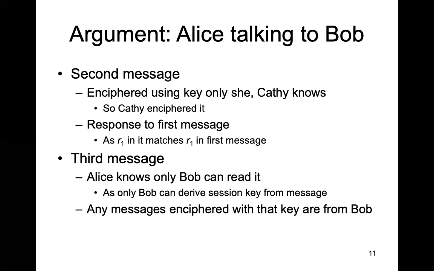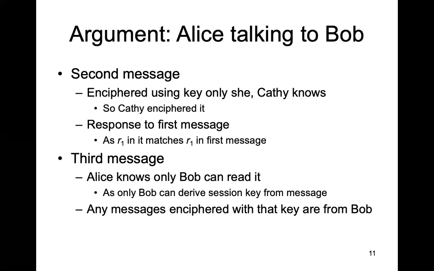Okay, so let's look at the security argument and at the messages that Alice is sending to Bob. The second message which Kathy is sending to Alice is, of course, encrypted using a key that only Alice and Kathy know, this key KA. So Alice has the assurance that Kathy must have encrypted it, and also that it is a response to the first message, because the R1 embedded in this message, encrypted under KA by Kathy, was in response to the R1 sent in the first message.